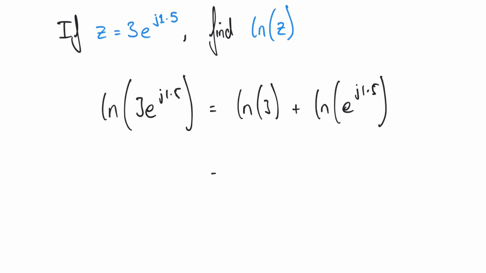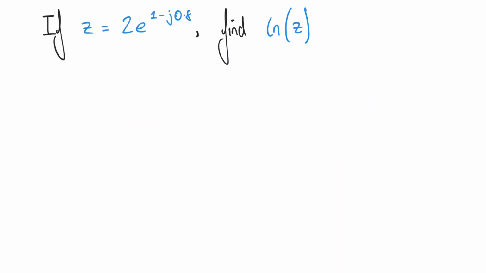The natural logarithm of 3 evaluates as roughly 1.099, and the natural logarithm of the exponential of j 1.5 just becomes j 1.5. So there we found the natural logarithm of that complex number in rectangular form, and we could convert that easily enough to polar or exponential forms if required.